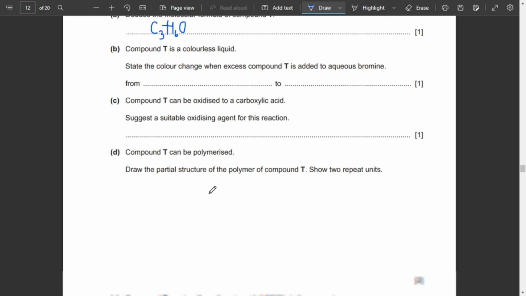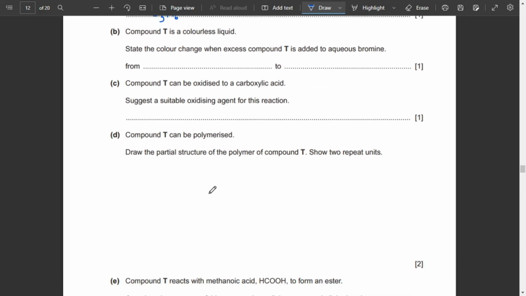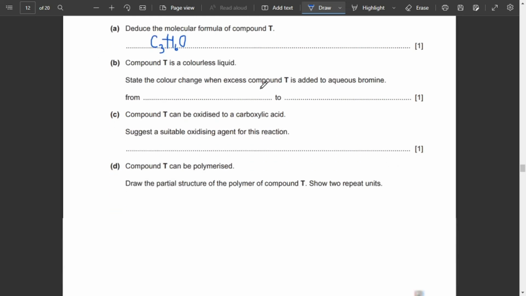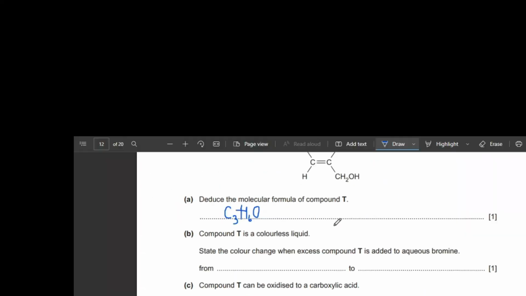Part D says compound T can be polymerized. Draw the partial structure of the polymer of compound T. Show 2 repeat units. So this can be polymerized, that means the addition reaction can take place. Not addition reaction, addition polymerization, I'm sorry. It will be addition polymerization. So let's draw the repeat structures for it.